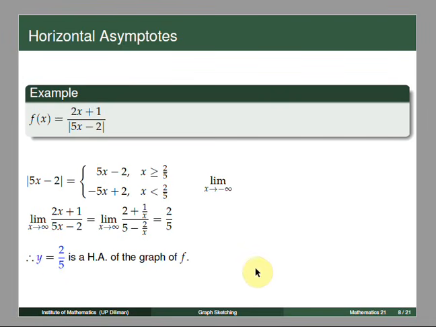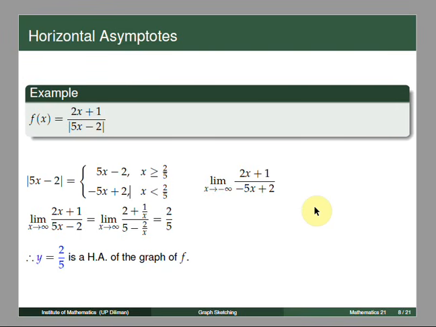Now, if we take the limit as x approaches negative infinity, the main thing that will change is that since it is negative infinity, we're looking at negative values. So it's in this interval, x less than 2/5, and we get this part, negative 5x plus 2.